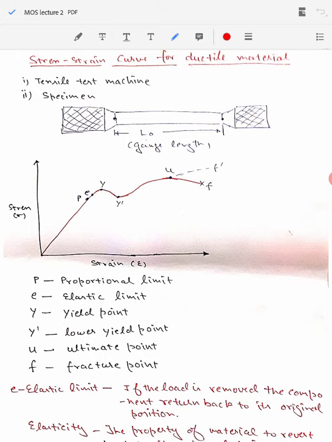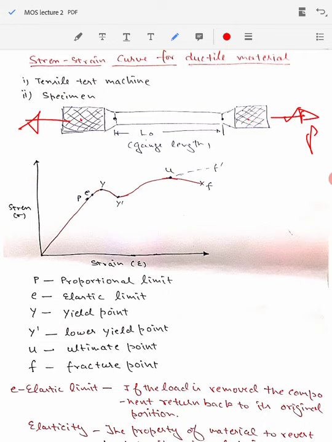How have we plotted this graph? We used a specimen which is shown over here, which is of standard length, and it has knurling at both its ends so that it can be easily held in the tensile testing machine jaws. With the help of the tensile testing machine, we apply a tensile load of magnitude P on this.